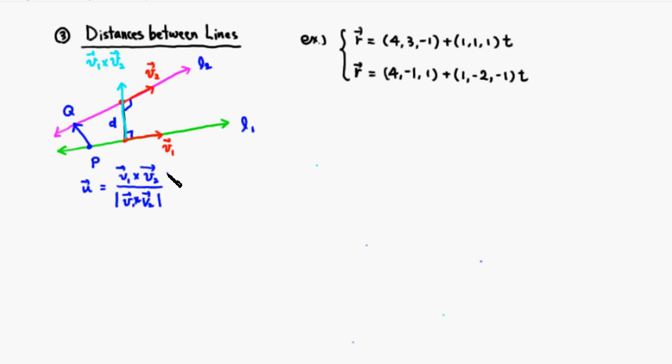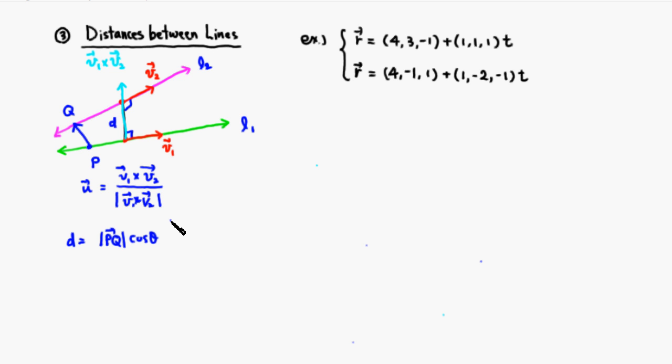Then, since it's a projection, the distance d can be found by the magnitude of vector PQ times the cosine of theta in between.